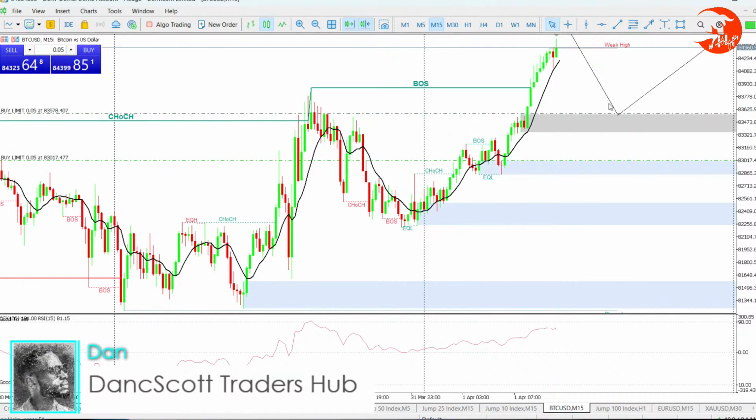Those are my two limit orders on how I'm anticipating to enter this market. One here, another one there, and then we get into the buys.